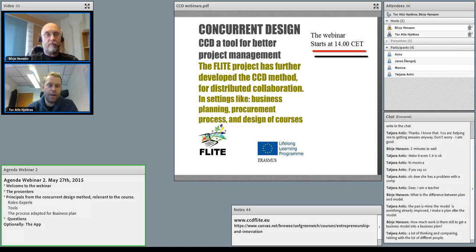Often we say that the business plan is more or less a selling document, but a business model is more or less an internal document containing information of how one would like to go forward within the company to achieve certain goals.